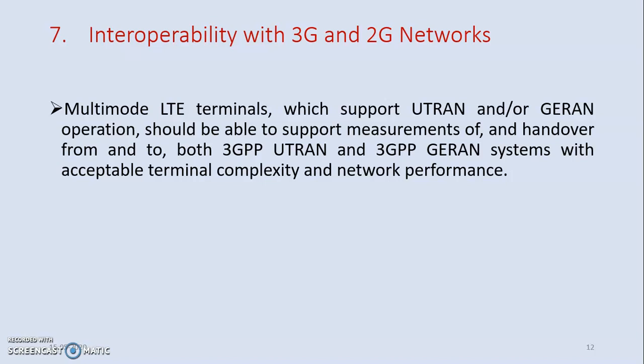Definitely, when it is interoperable, there is a scenario where the calculation becomes complex, the terminal becomes complex, the network becomes loaded and performance may degrade. But under acceptable conditions, the multi-mode LTE terminal should be able to switch to UTRAN to measure its quality and support, and also make the handover from and to the 3GPP UTRAN as well as the GRAN.